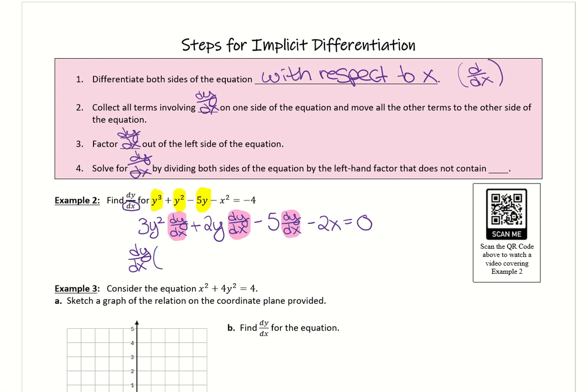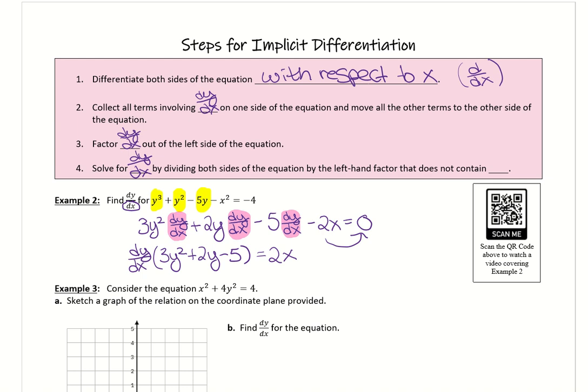Inside the parentheses, I'm going to put 3y squared plus 2y minus 5. And then this 2x right here, I'm going to go ahead and bring it on the other side and make it a positive 2x. So here we've done 2 steps in one. We've gotten all the dy dx's on one side of the equation, and we moved all the other terms to the right side, and we factored out a dy dx.